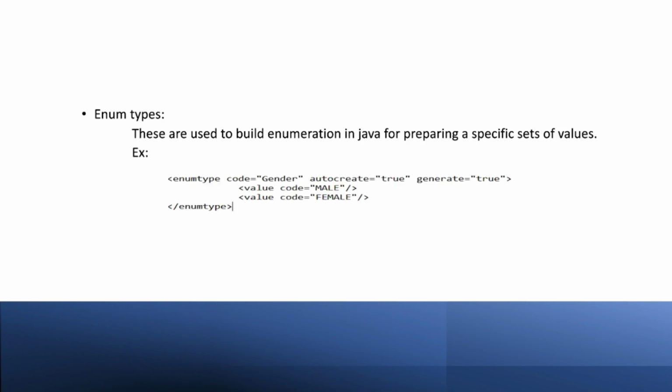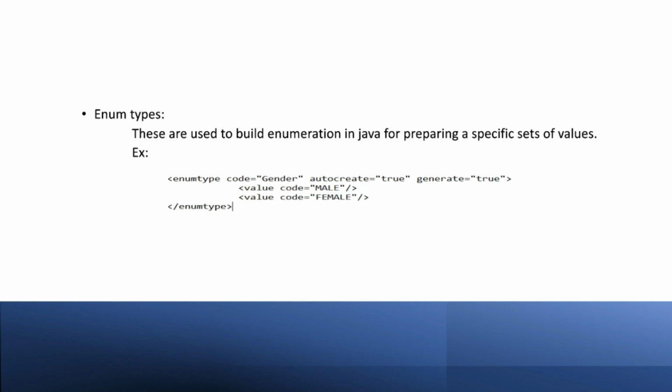The best example of enum types is when we want to define a drop down. That drop down will have some values like title or country or gender. Those types of things we can define through the enum type and use during the development period.